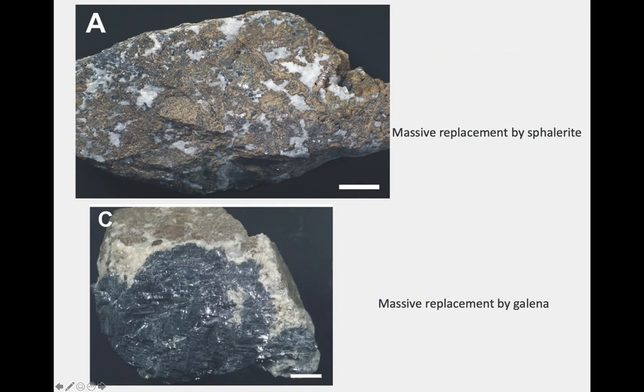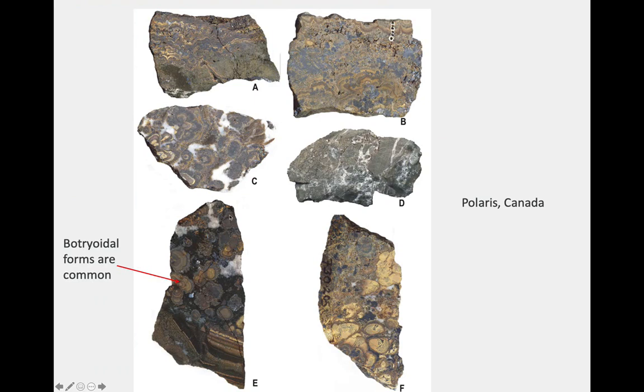We have carbonate, calcite, only occurring as remnants. And here's some more examples. Botryoidal forms, very spectacular growth rings. We get these sort of cruciform style textures. This example's from Polaris in Canada.